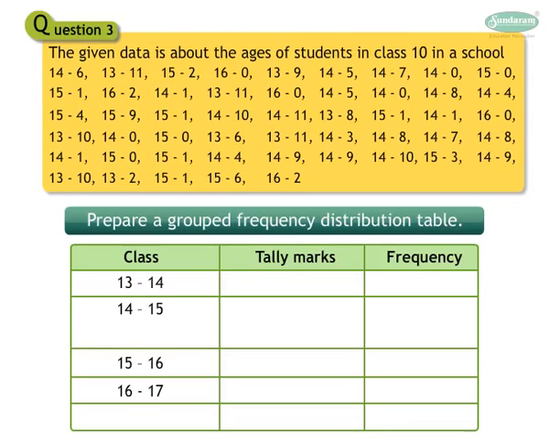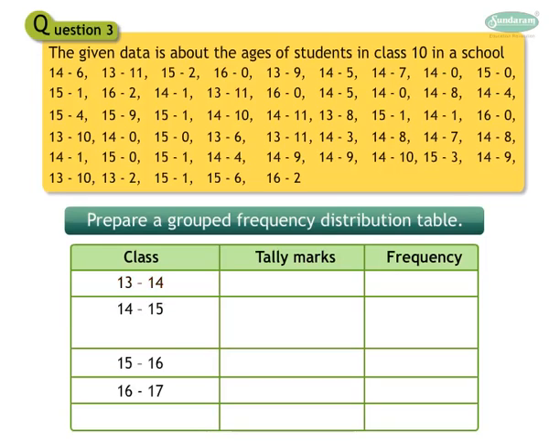Now students, let us mark the tally marks of the given data. If we take intervals 13 to 14, 14 to 15 and so on, the problem arises in which class 14 is included. In class 13 to 14, 13 is lower class limit and 14 is upper class limit.